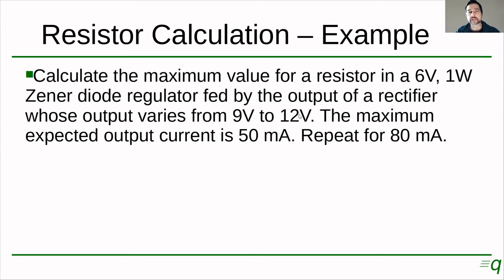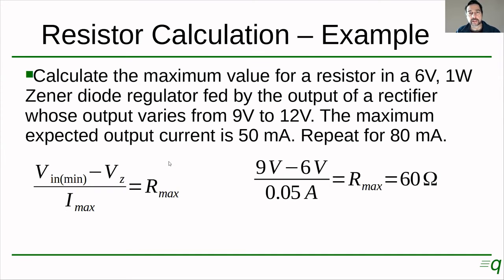The maximum expected current is 50 milliamps, and then we're going to repeat that for 80 milliamps. So this is the equation we had on the previous slide, and replacing the values with a 50 milliamp maximum current, we end up with a maximum resistor of 60 ohms.